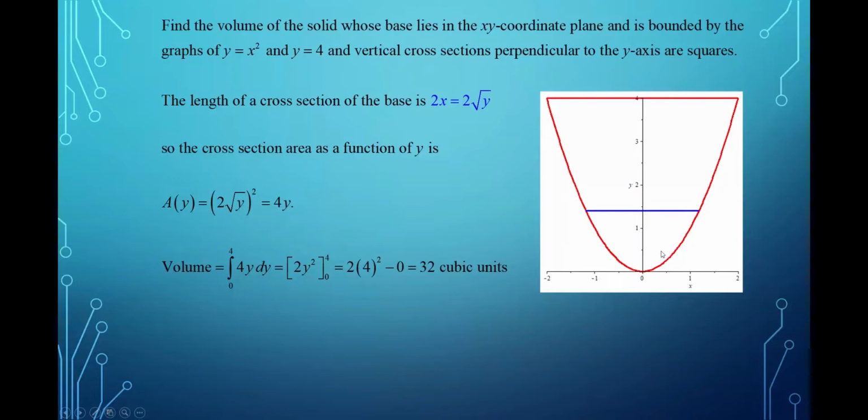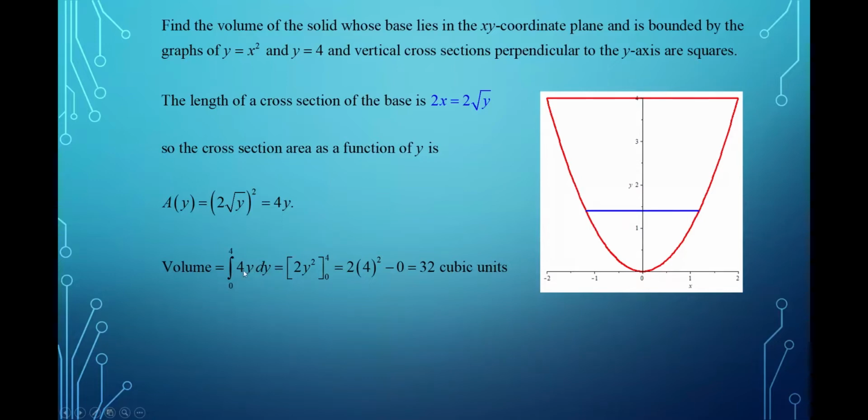And so y goes from 0 up to 4, so I can integrate, it's my little calculus integration symbol, from 0 to 4, the cross-sectional area function 4y with respect to y.